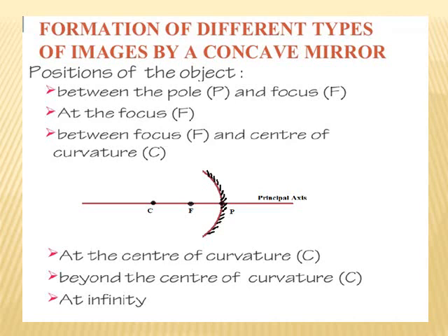Then when you keep the object exactly at C, then that will be at C. When you keep it between C and F, that will be between C and F, and then at F and between F and P. Okay, so these are the different positions for which we are going to draw one by one.